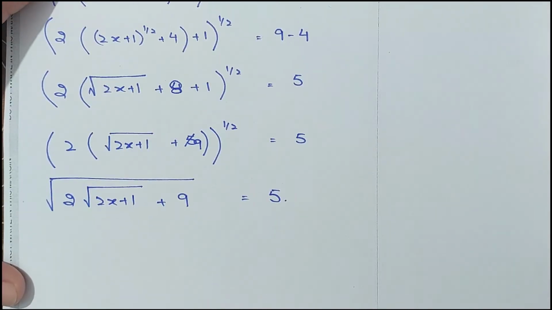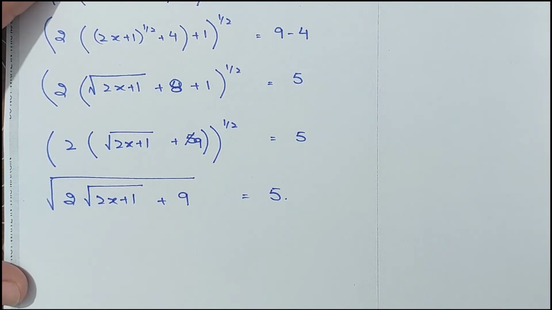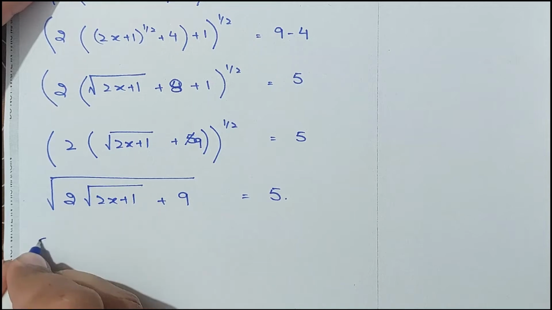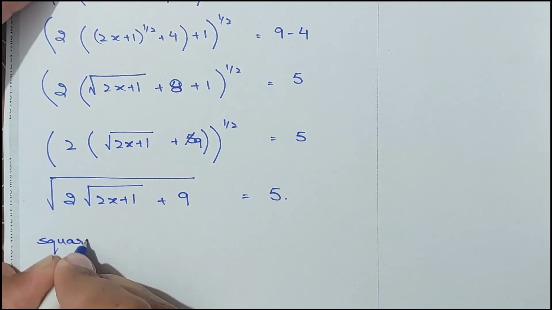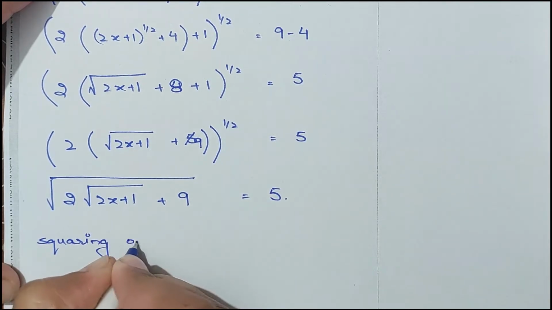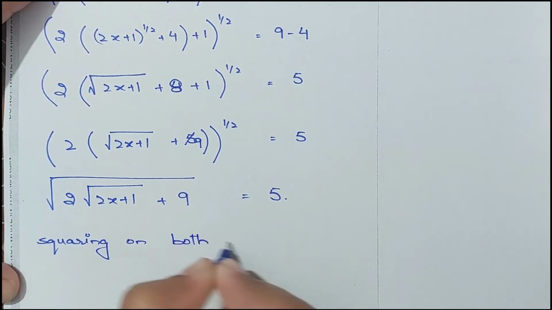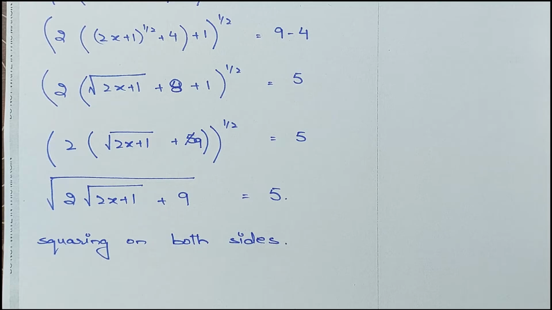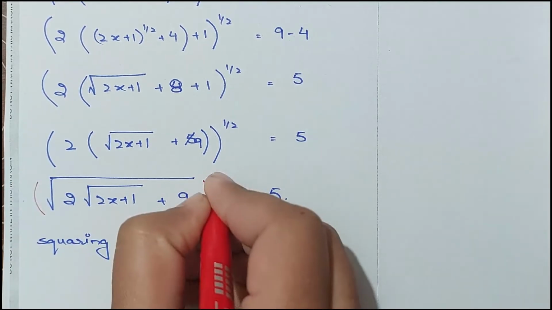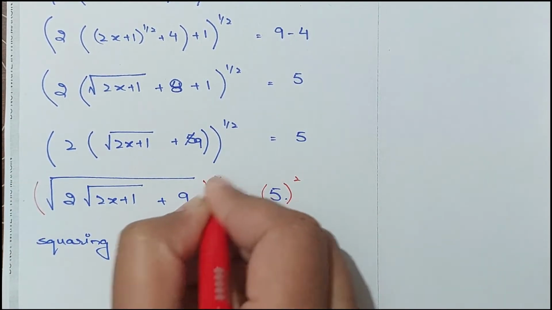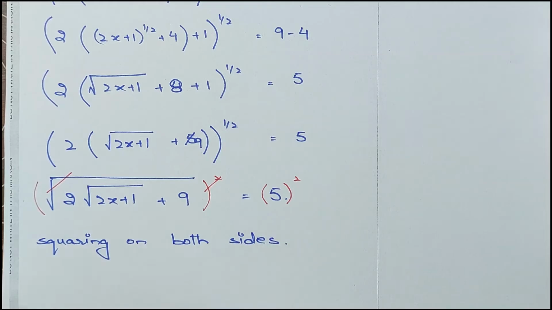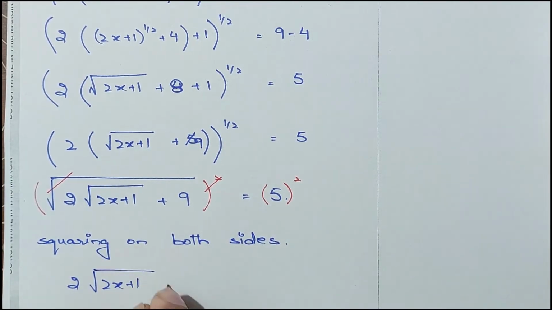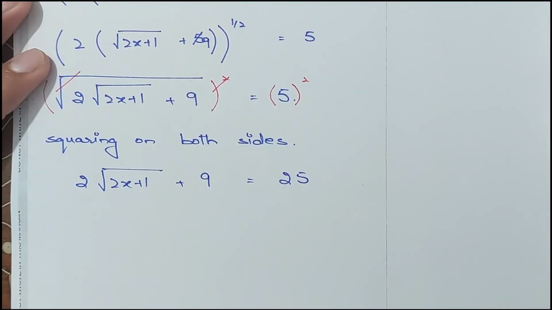5. Okay, let me square on both sides. Squaring on both sides. All right, square of this side and the square of this side, the square and this square root are cancelled out, so we have 2 square root of 2x plus 1 plus 9 equals to 5 squared is 25.